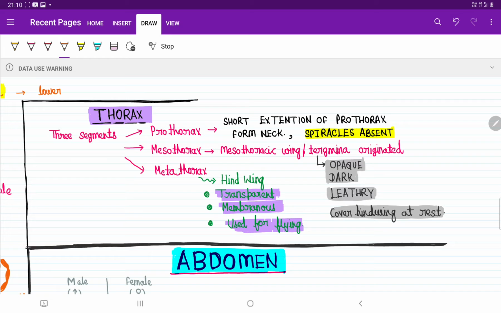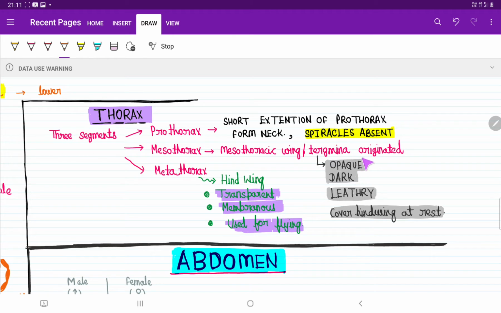And then come to the mesothorax, students. From the mesothorax, one pair of wings originates, which is called tegmina. Either you call it tegmina or you call it the mesothoracic wing.